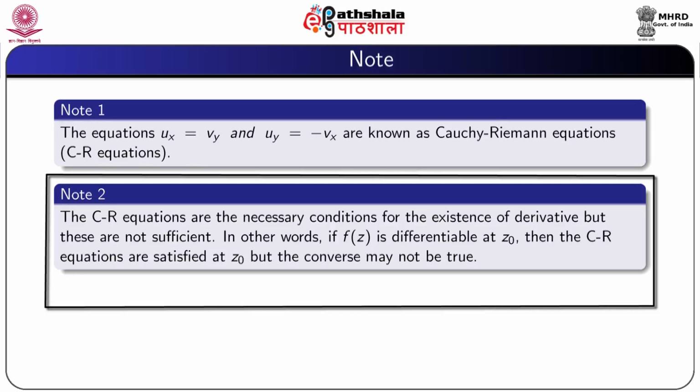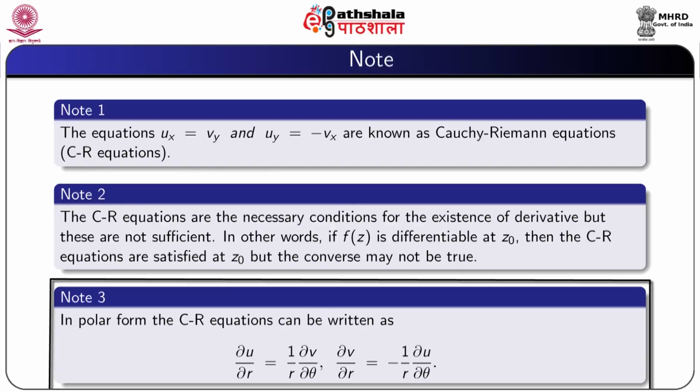The Cauchy-Riemann equations are the necessary conditions for the existence of derivative, but these are not sufficient. In other words, we can say that if f(z) is differentiable at z0, then the Cauchy-Riemann equations are satisfied at z0, but the converse may not be true.